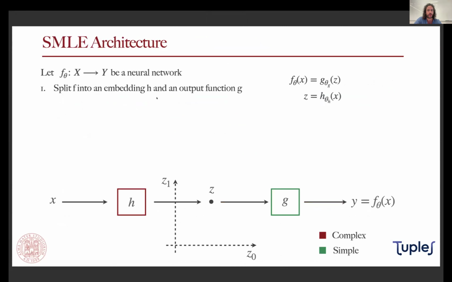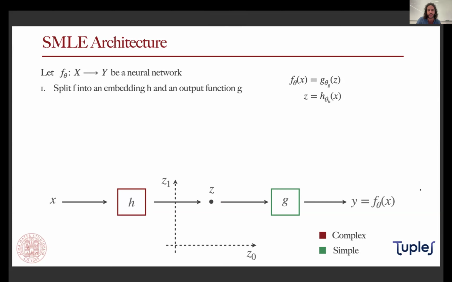Okay, so we were at this point. We have a neural network. So we split the neural network into two components, okay? A complex component H, which is responsible for computing an encoding Z into a latent space of an input X. And finally, we have a simpler component G, which simply translates this vector Z into the output space.